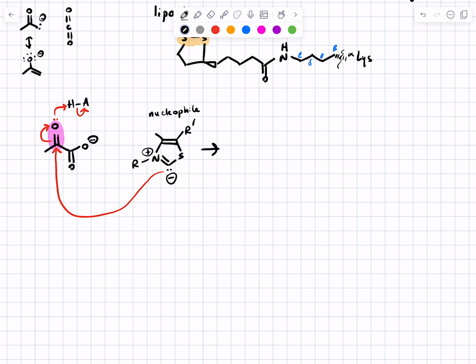A lot of times when people are drawing biochemical mechanisms, they get sloppy with proton transfers in the way that I've shown. So here is the new intermediate. Here is the new bond in red, the new bond that we just made.